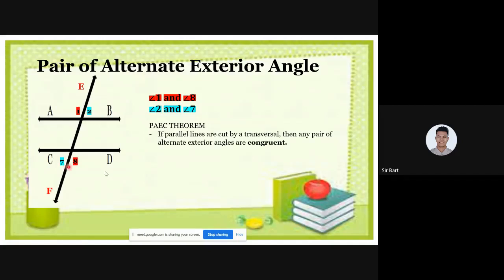It states that if parallel lines are cut by a transversal, then any pair of alternate exterior angles are congruent. Therefore, the measure of angle 8 is equal to the measure of angle 1. And the measure of angle 2 is equal to the measure of angle 7.